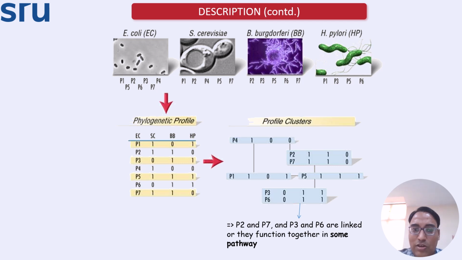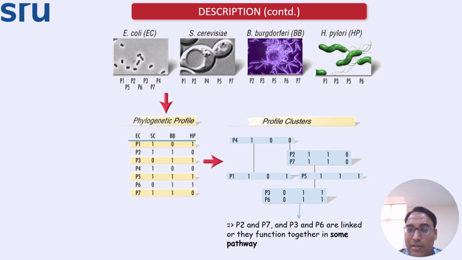P4 and P1, taking the maximum similarity, just like the maximum likelihood function works in the case of phylogeny. Exactly the same way I'm working here. See, P2 and P7 group. Likewise, P3 and P6.